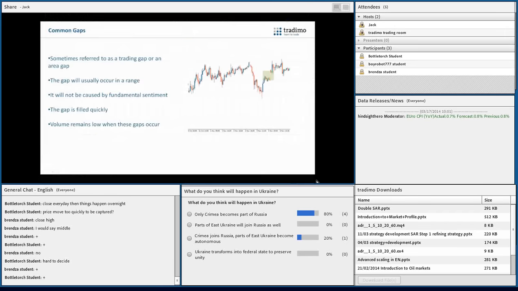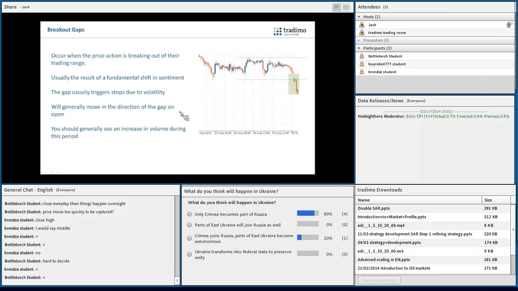The next gap is the breakout gap, and these are the gaps that we really like. These gaps will generally occur when price is trading within a range, and these are the ones that I really like trading, because they will usually indicate a fundamental shift in sentiment.